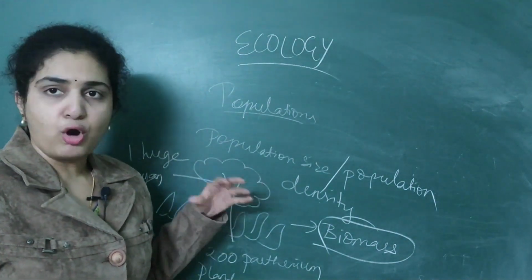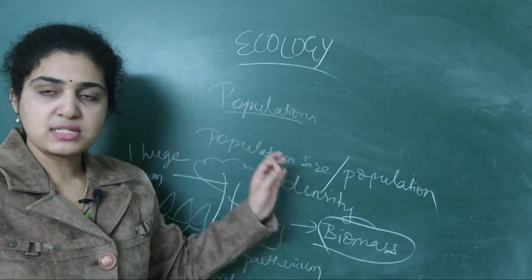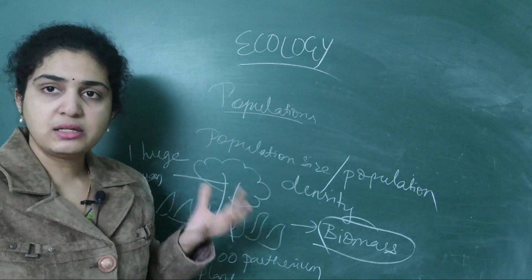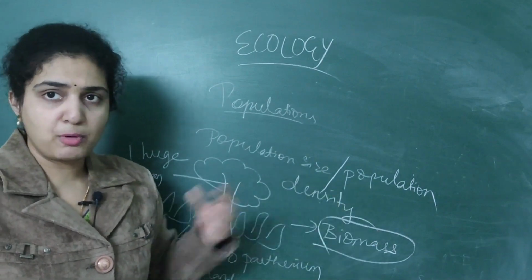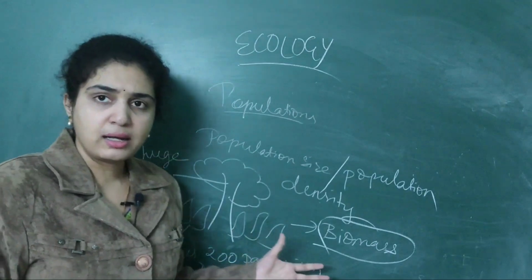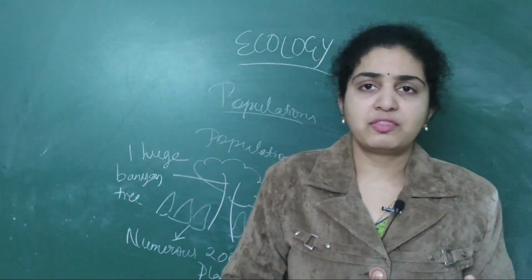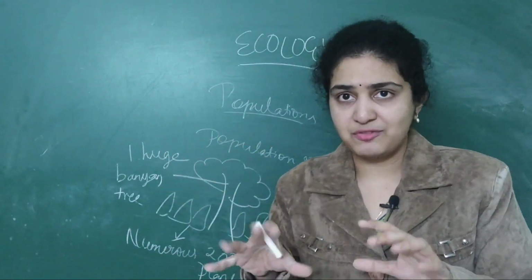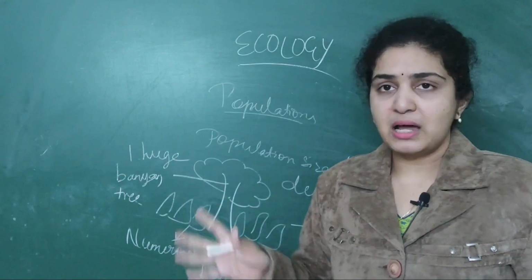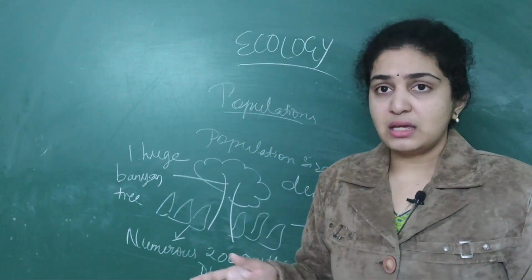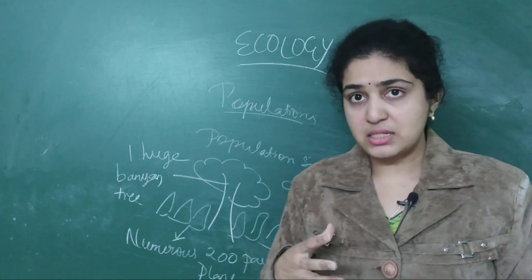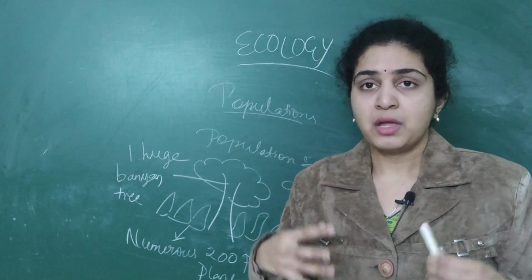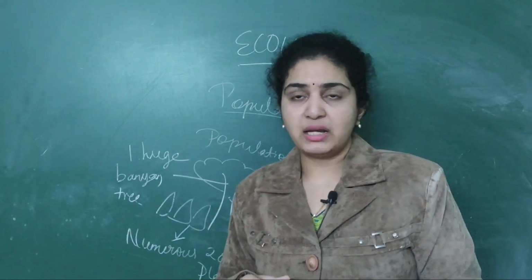So normally I told you what is population size or population density. It means how many are present in a given area. Here I told you an example, 200 small Parthenium plants are present but only a single huge banyan tree is present in that specific area. So when numerous plants are present, you may say that Parthenium plants' population size or density is more, meaning they are more in number than the banyan tree.